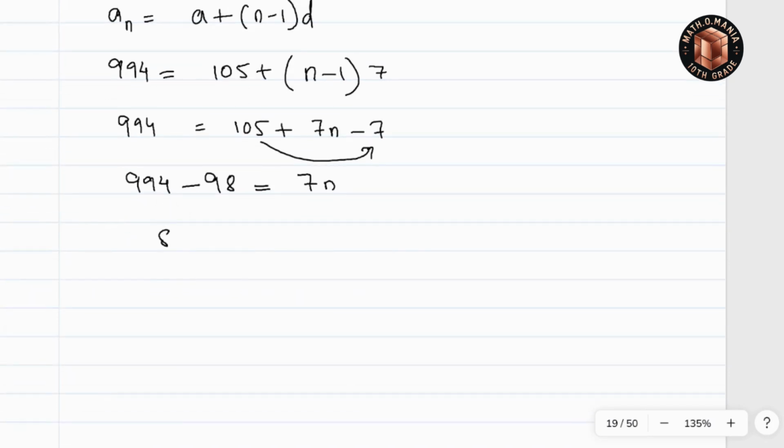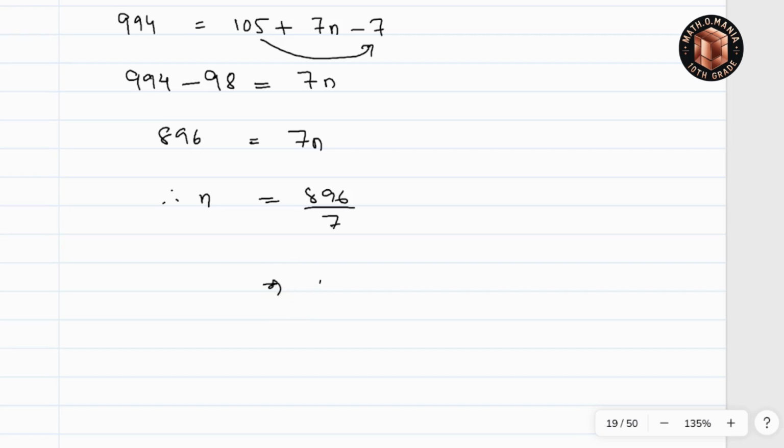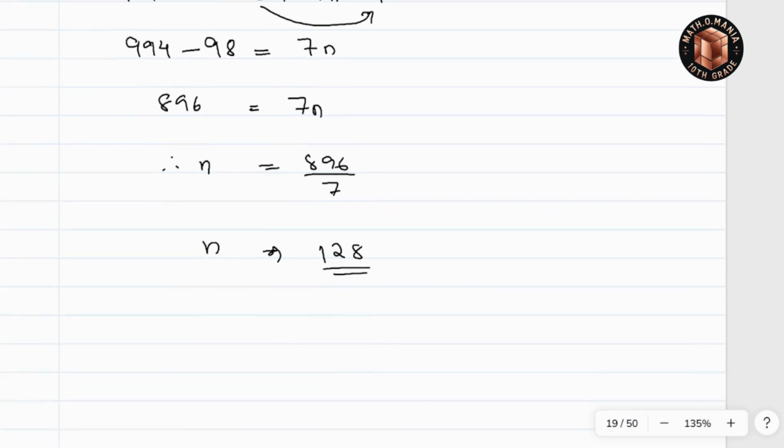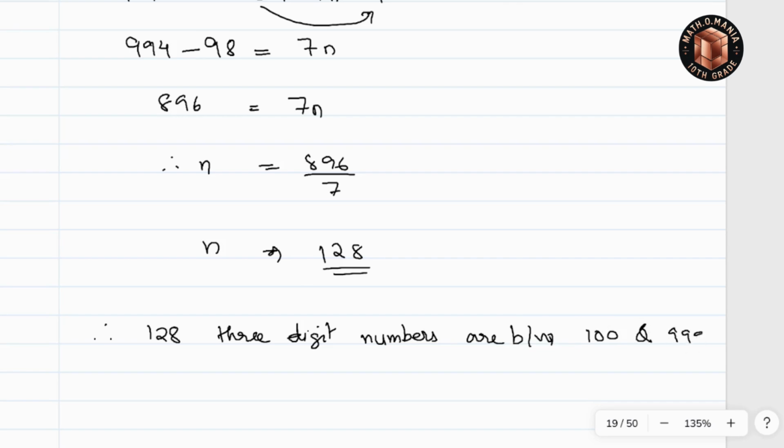Now, here it is 896 equal to 7n. Therefore, n equal to 896 divided by 7, which is equal to 128. Therefore, 128 3-digit numbers between 100 and 999 are divisible by 7.